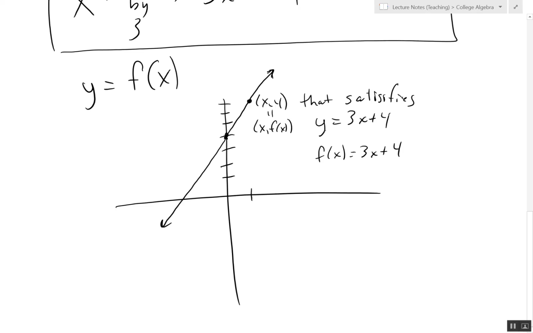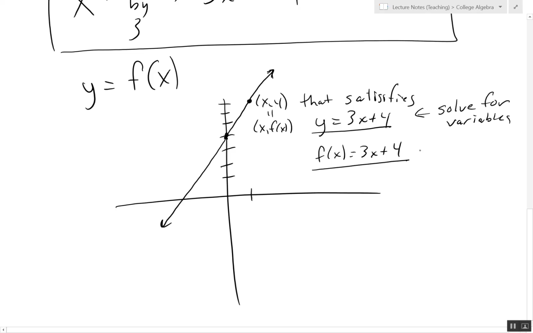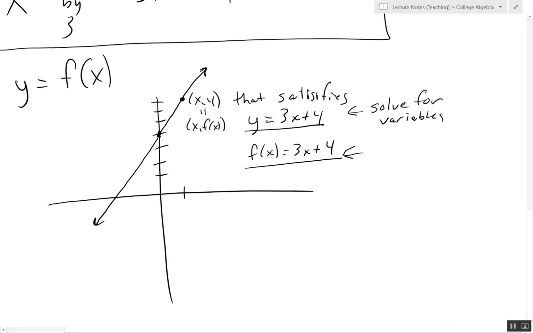So when you solve for y equals, you can either think of it as an equation, or you could think of it as a function. And the graphs are the same, but you do different things. Here you solve for variables. But here you would substitute in values, and do simplifications if needed if it was something more complicated.